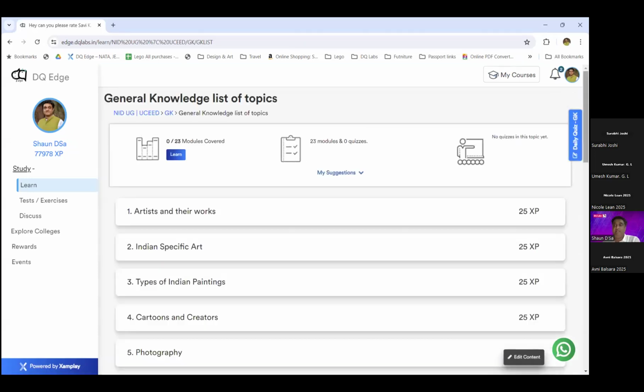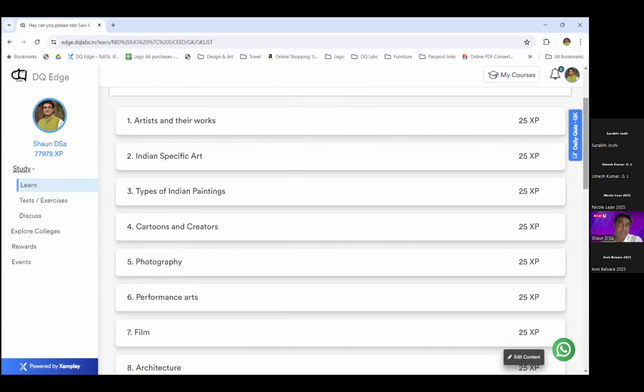Now, let me explain a basic logic to this, okay? Looking specifically at GK only, there is a predictable section and there's an unpredictable section, okay?